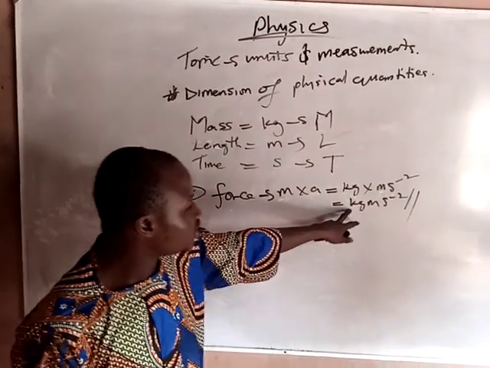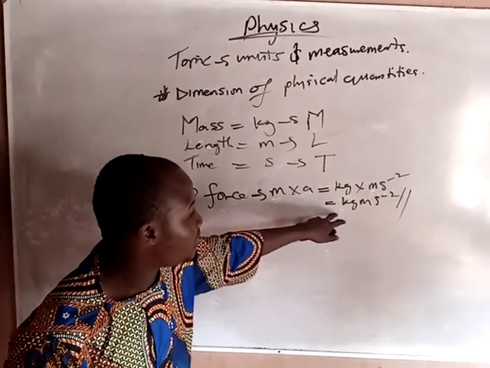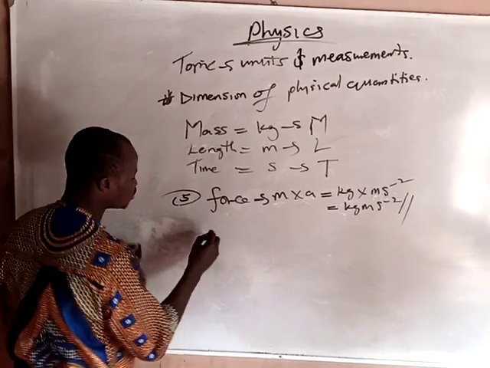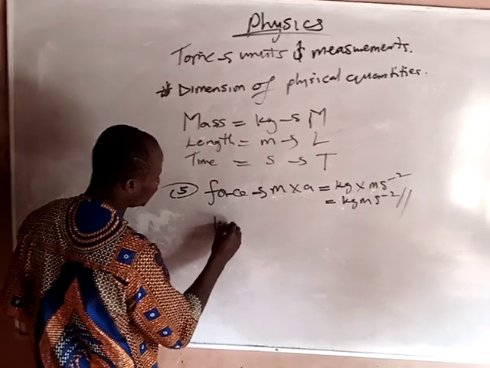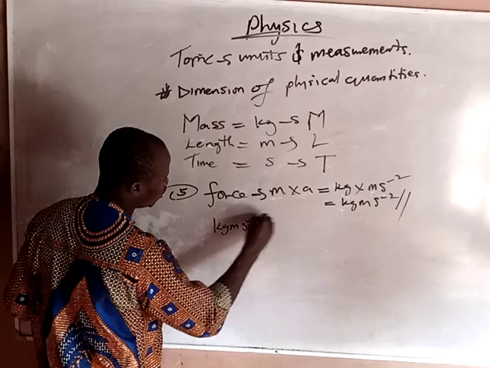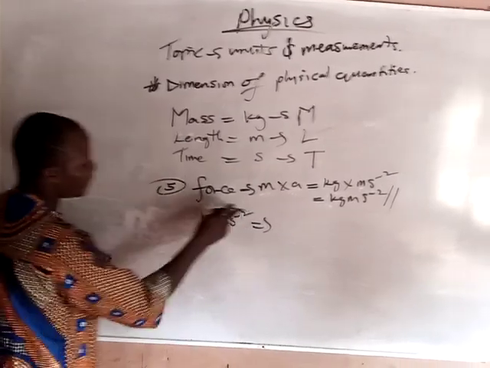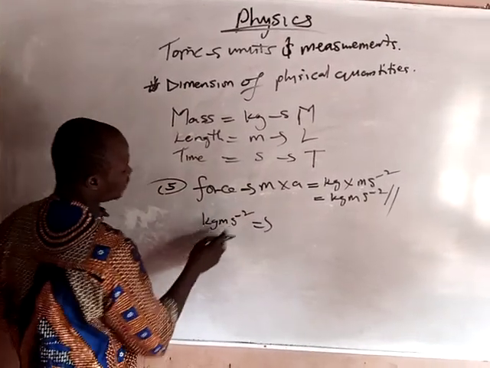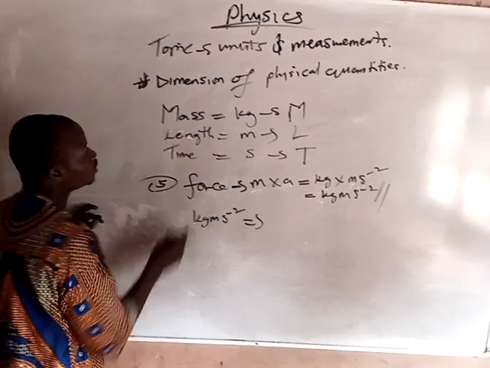So using this, you can find the dimension of force. Let's find the dimension for force using the unit of force, kilogram meter per second square. Now, how can we find the dimension for force?